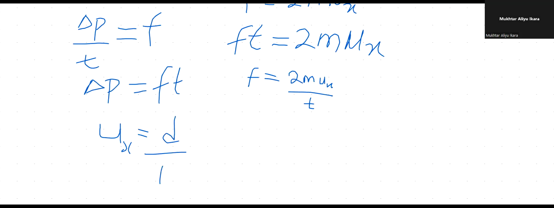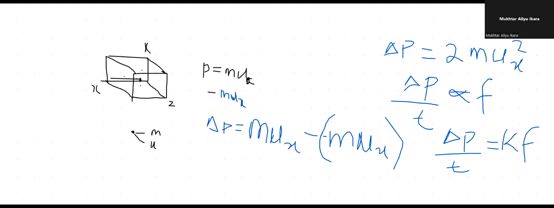One thing that we should know here, which is very important, is that these molecules, as they are moving in this direction, cover a distance L from here to here. And after they cover this distance L, they are also bouncing back.